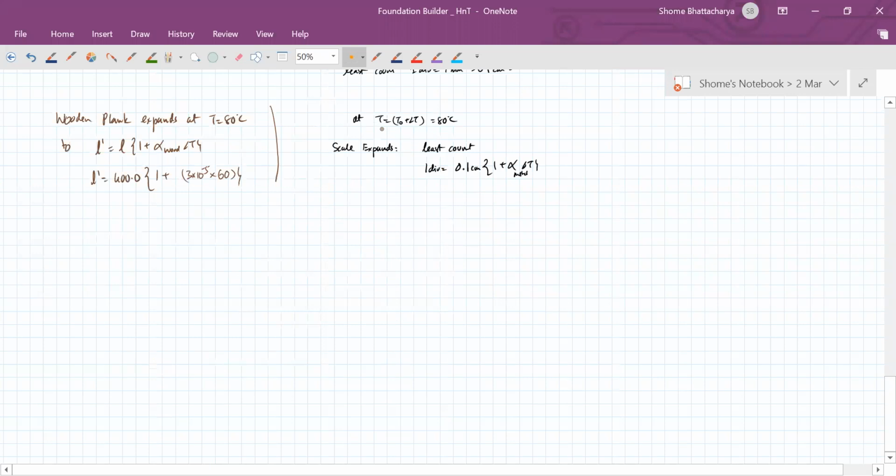Temperature change of 60. So this will be the true length.